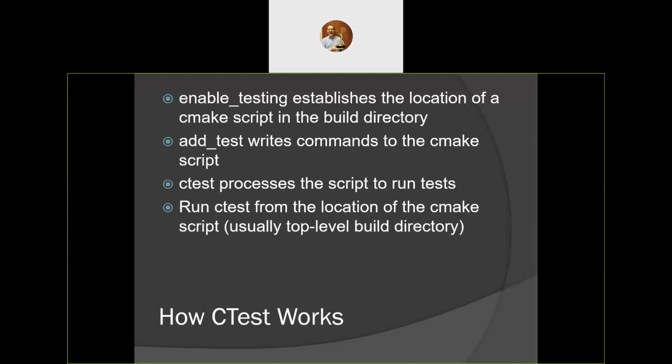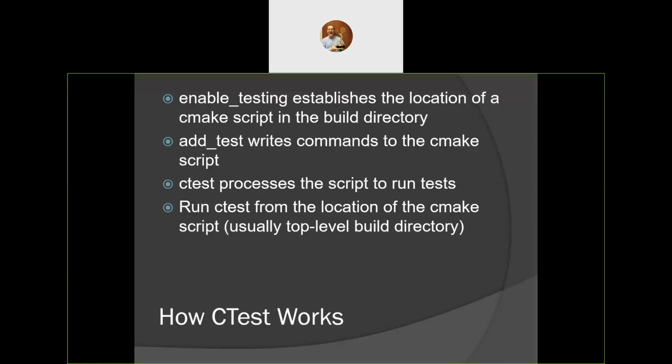When you use an IDE, well, all the generators support a special target that you can use from your build to run the tests as well. It just runs CTest. So in a makefile style generator, that just creates a target called test.